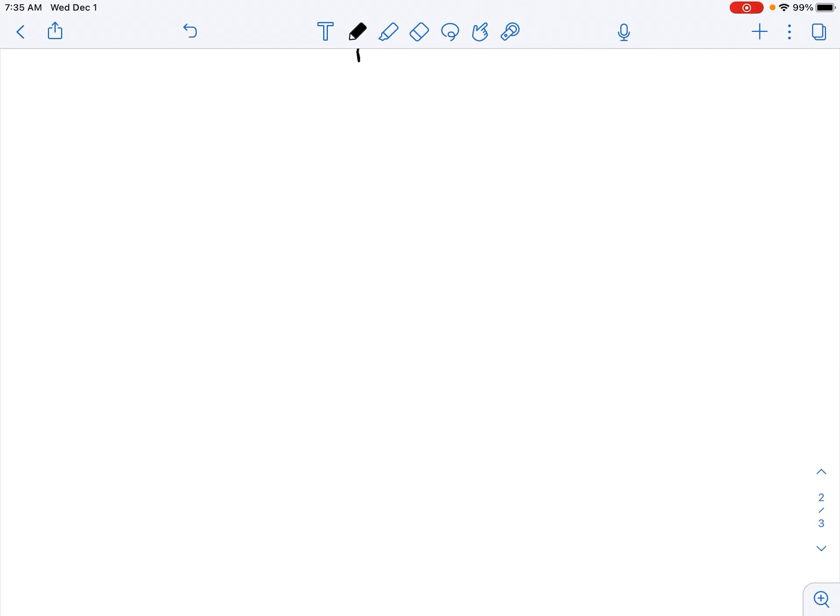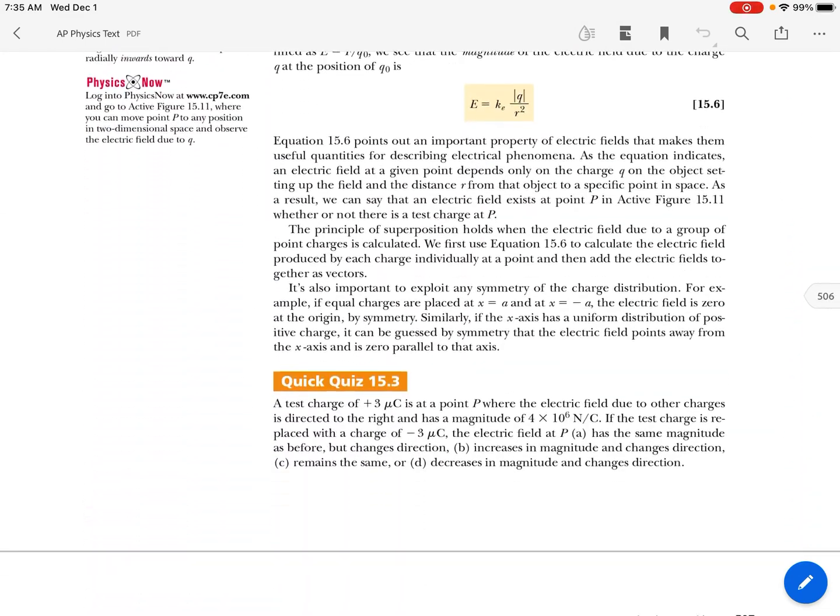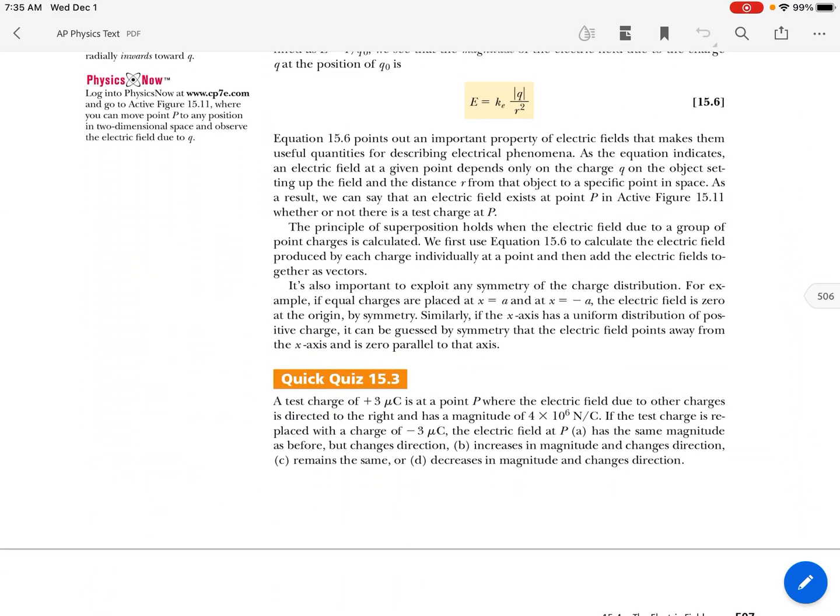Let's look at a couple of problems. Back to the textbook. If we look at Quick Quiz 15.3: a test charge of +3 microcoulombs, that little symbol mu means micro, it means 10 to the -6.